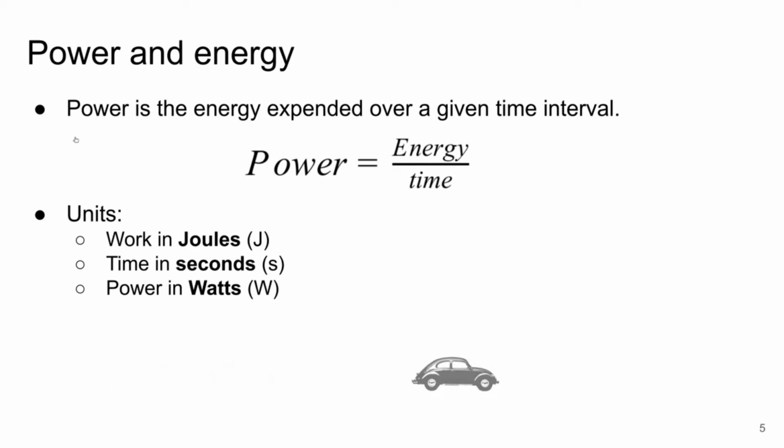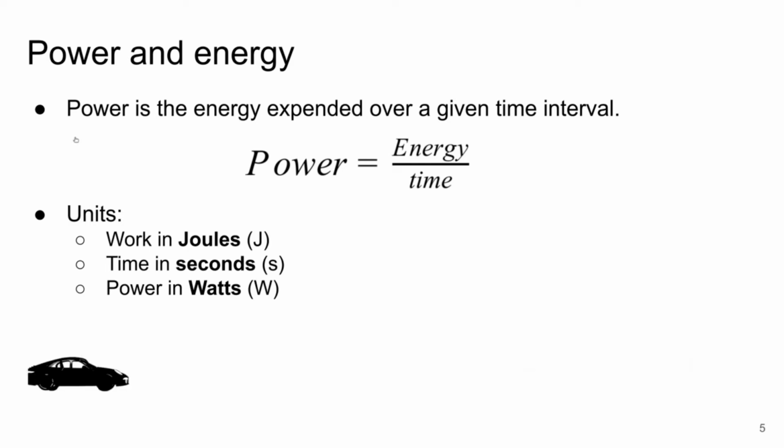In the example below, we can see two cars that are traveling over the same distance. However, one car makes that distance in a much shorter time. Now, if the energy required to move both cars over that same distance is the same, then we would say that the car that is able to make the distance in a shorter time is more powerful.